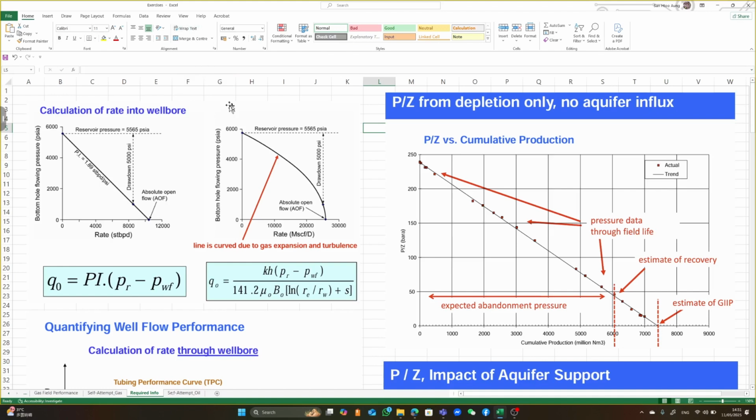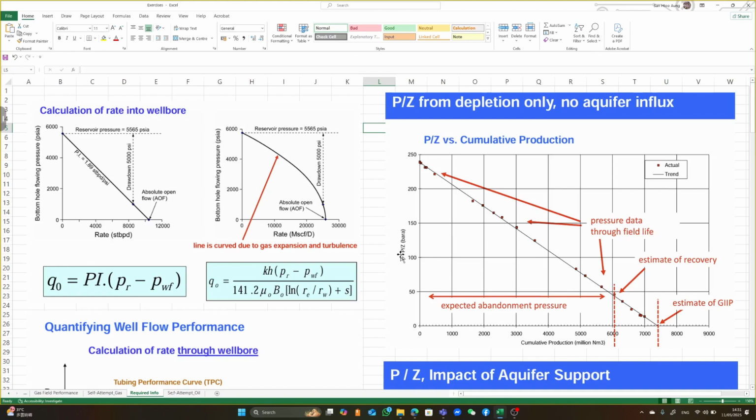Okay, so when we try to predict gas production, what do we need to know first? We need to know the basic principles, such as there must be a pressure drawdown, which is the difference between the reservoir pressure minus the flowing bottom hole pressure, to create the pressure difference so that the well can start to flow.